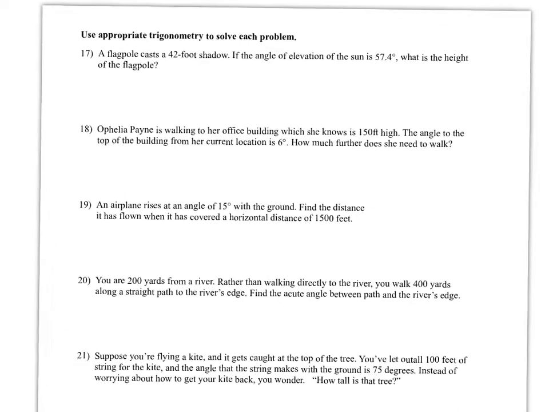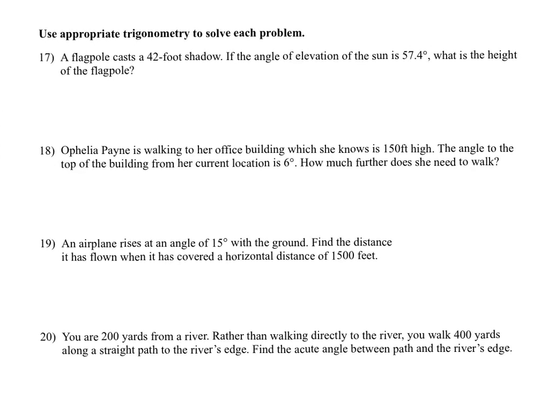Next up, we got some word problems. I'm going to start with 17, then kind of skip around. So we got a flagpole. It's casting some kind of a shadow. So there's my flagpole. Shadow is going to be along the ground. Oh, look, it makes a right triangle. We have an angle of elevation of the sun of 57.4 degrees, a 42-foot shadow, and we care about how tall the flagpole is.